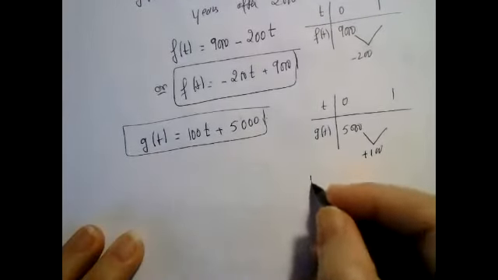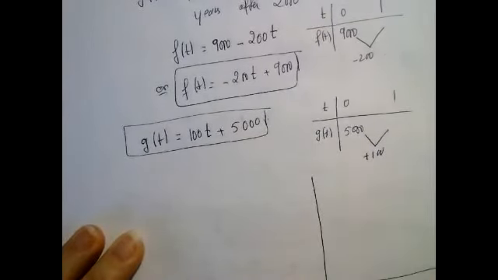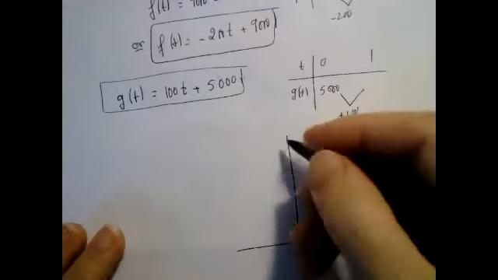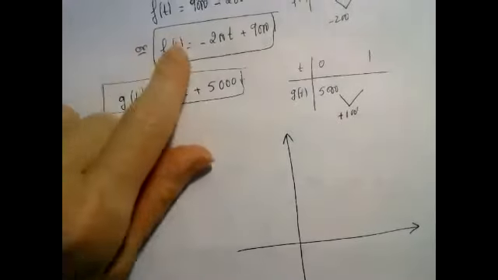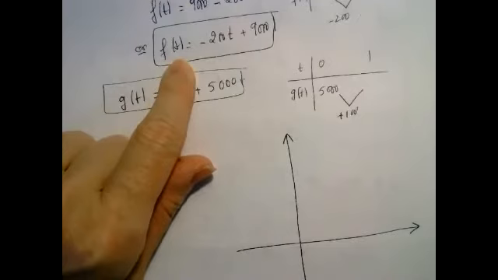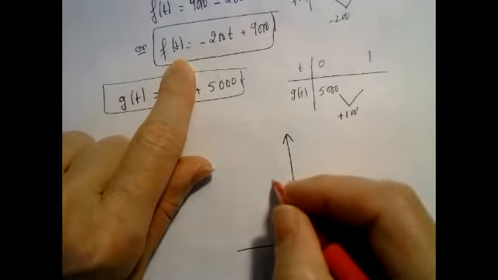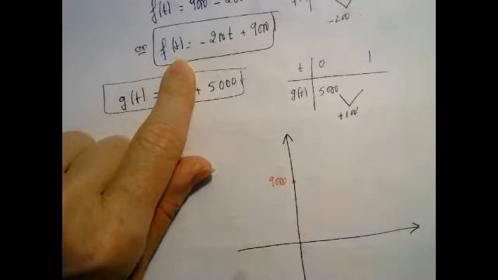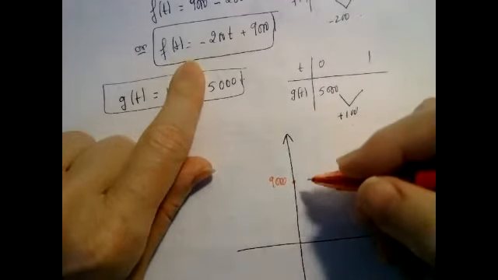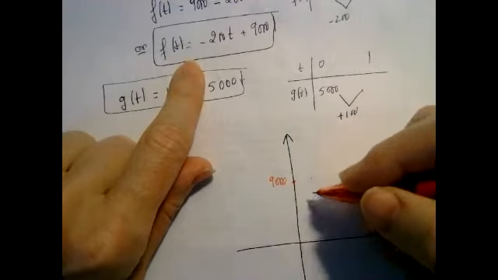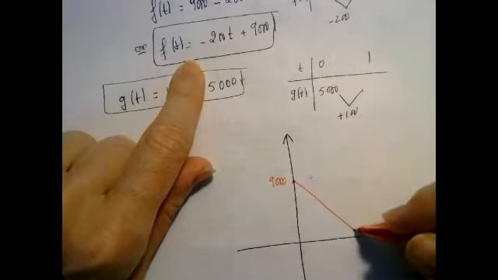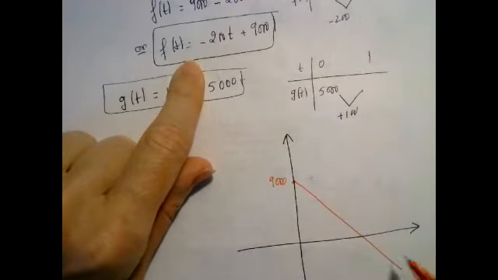I'm going to sketch graphs because I understand a little bit graphically what's happening. Let's see what the graph is. Let's start with New Jersey. New Jersey started at 9,000 up here. That's what it started, but it's decreasing. Every year, it decreases by 200. So that's New Jersey, and that's f of t.